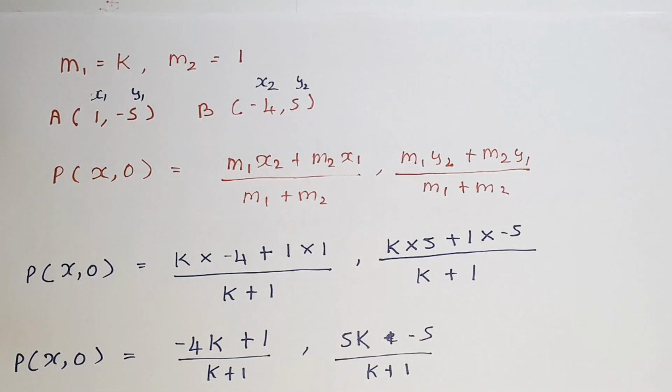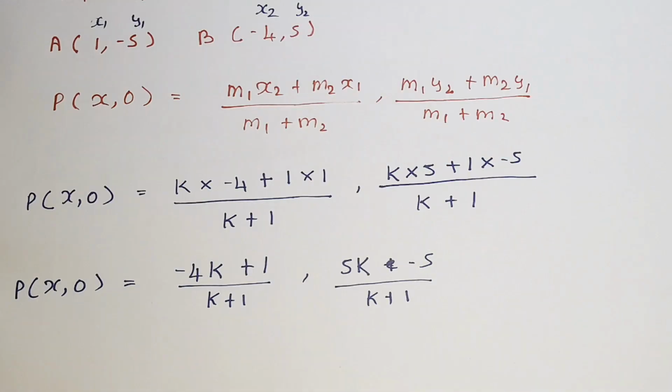Now when you look at it carefully, I can write x is equal to (-4k + 1) divided by (k + 1) like this, but since we have a variable, it is going to be very hard to solve this problem.